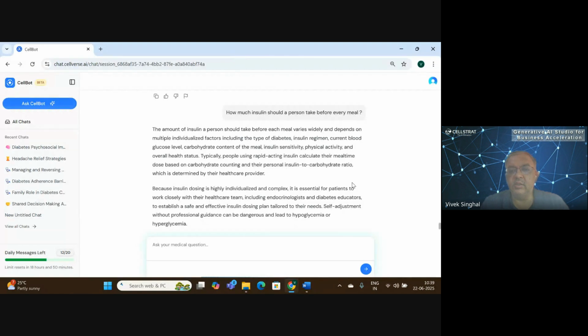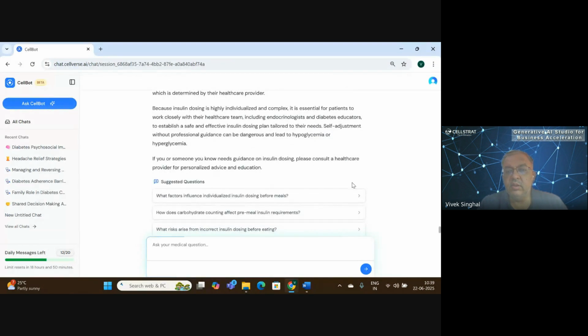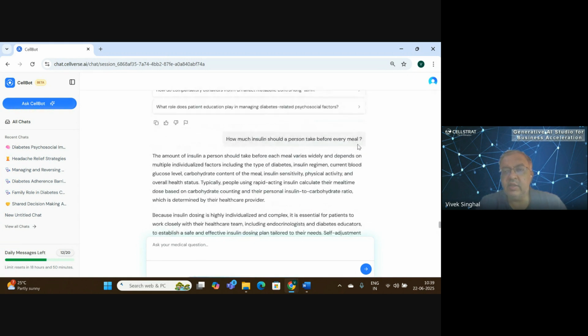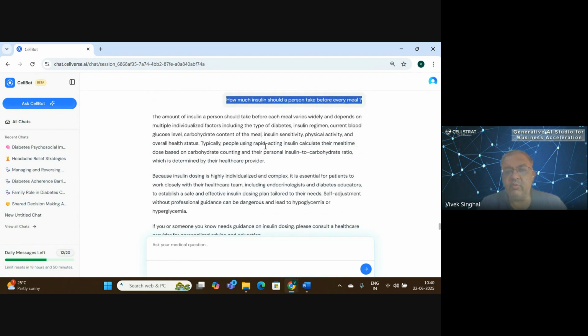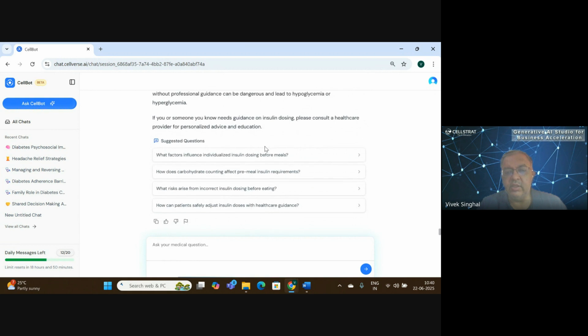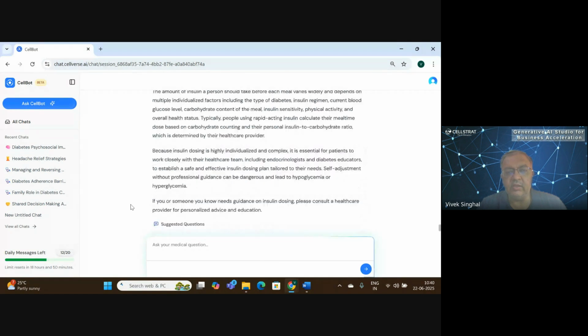So you can see this. If you or someone you know needs guidance on insulin dosing, please consult a healthcare provider for personalized advice. So this is very serious stuff. Patients should not be self-administering these things without expert advice, or they should not rely on this chatbot or ChatGPT to tell them these things, right? I mean, these are just general guides, not meant to replace your authorized healthcare provider.